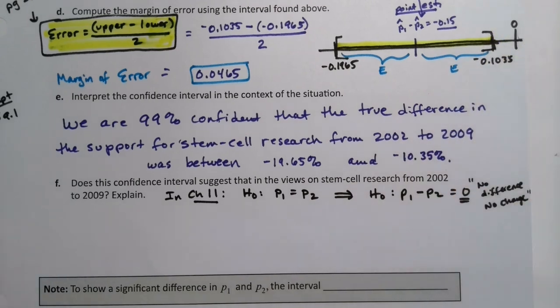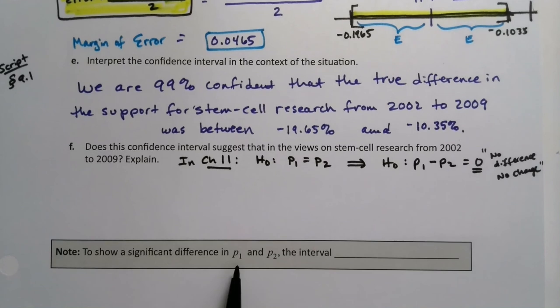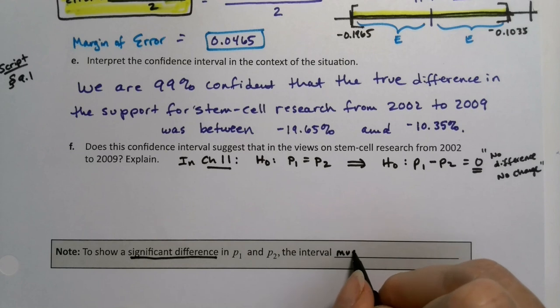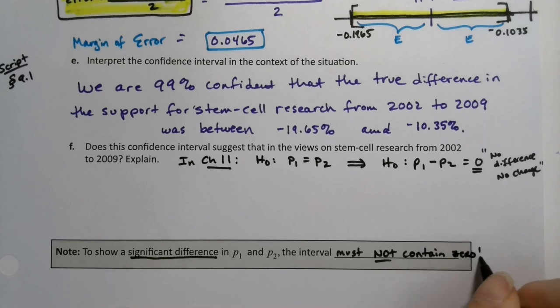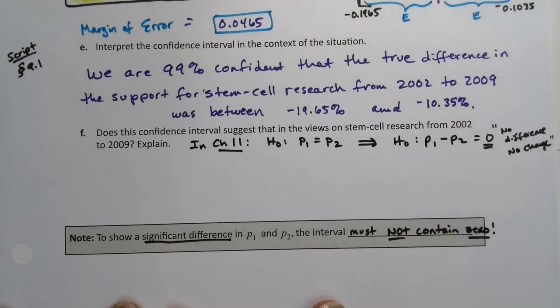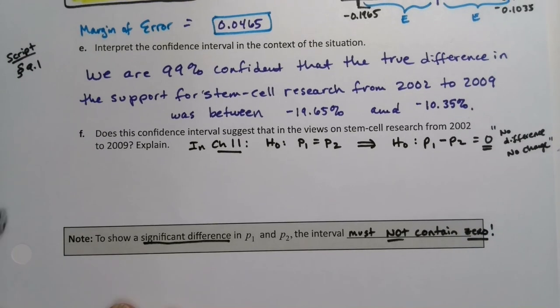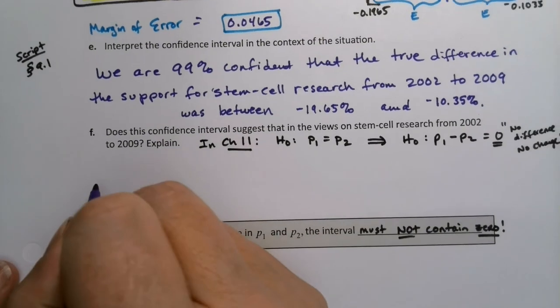Which leads us to a couple things. To show a significant difference, the interval must not contain 0. Our interval does not.